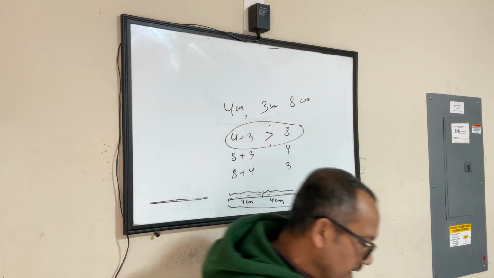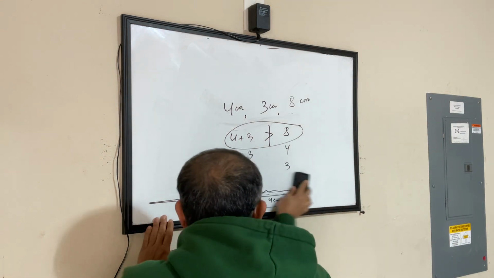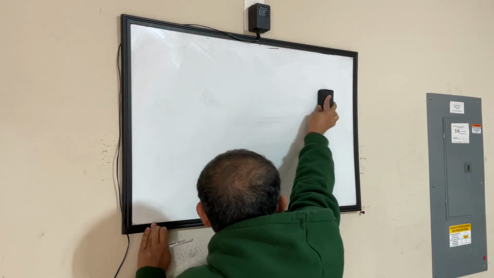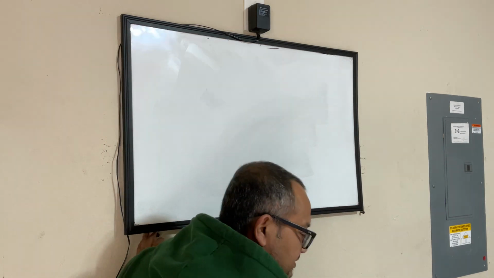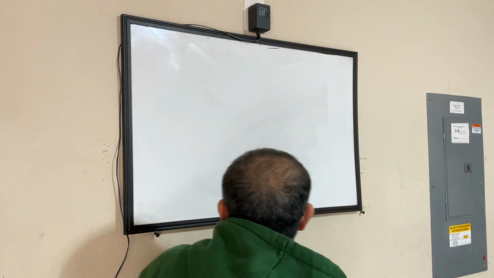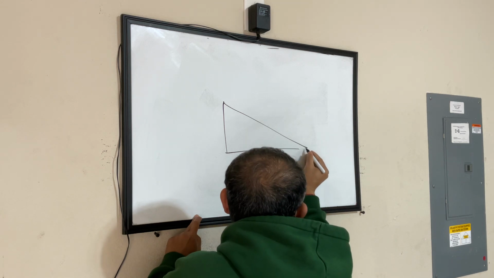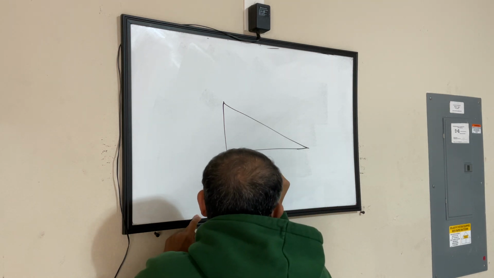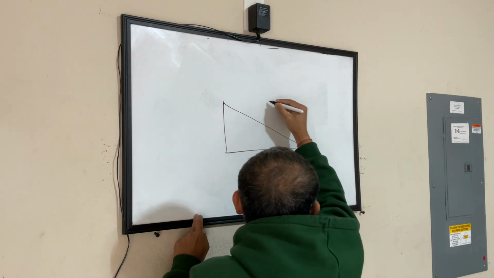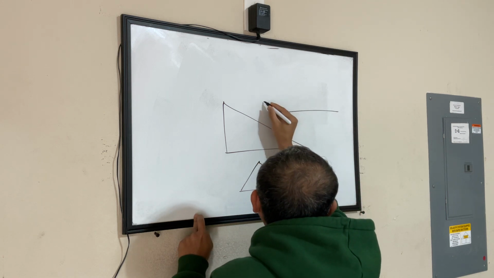Yes, sir. Now let's look at one more interesting thing, which most of you would be knowing, but sometimes with bare eyes we tend to ignore. If you look at this triangle versus this triangle versus a very weird looking triangle.